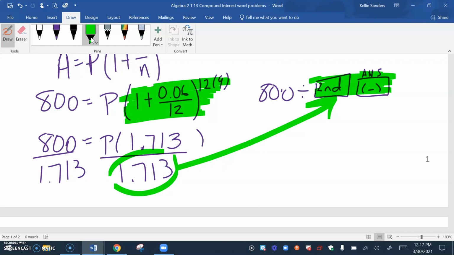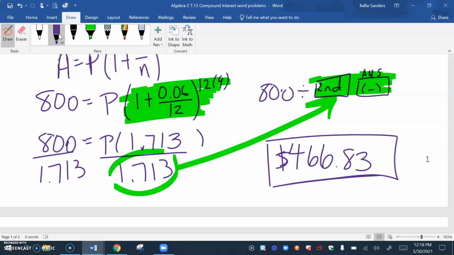So 800 divided by second, negative sign, equals, and we get 466.83. She put $466.83 in the account 9 years ago, earning 6% interest compounded monthly, and she has $800 now, 9 years later.